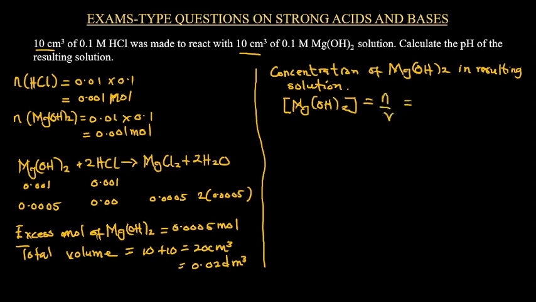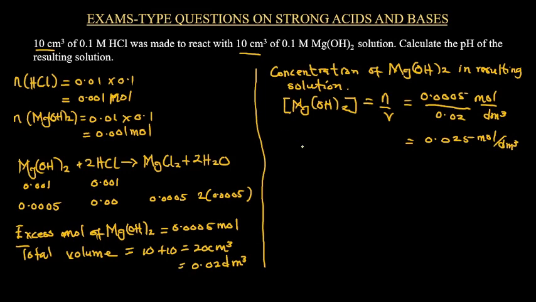Now the mole that is left is 0.0005 divided by the volume, which is 0.02. So this is mole over dm cube. Okay. Now what will this give us? This is giving us 0.025. Okay, all right, mole per dm cube.